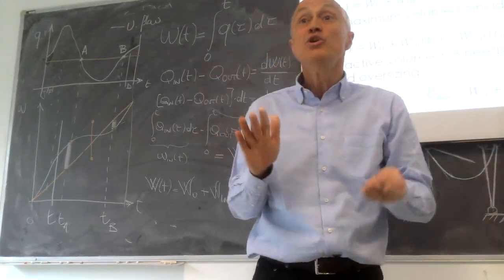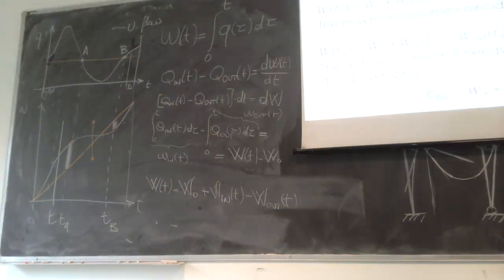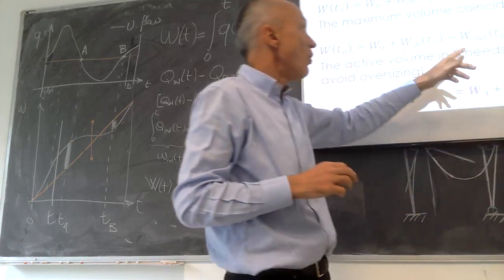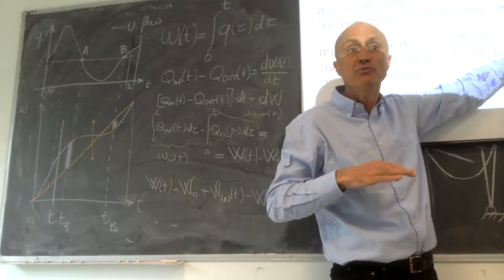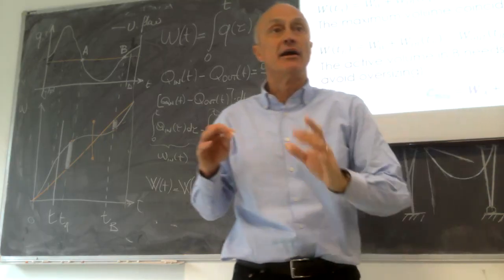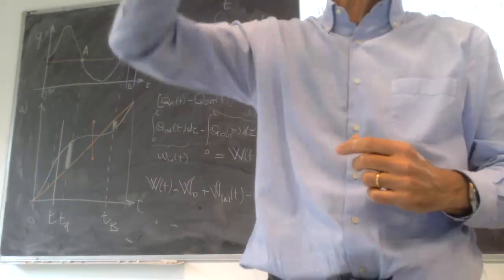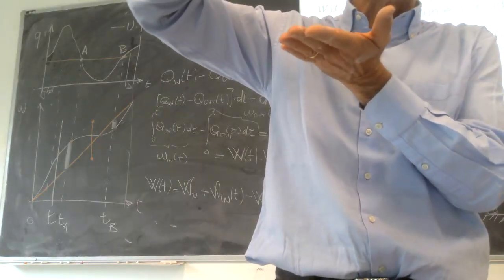Now, again, we do not want to oversize the reservoir, because oversizing the reservoir implies a higher dam, which implies much higher costs, right? We want the dam to be just as tall as we need. So, at the moment TB, with the lowest volume, we want the reservoir volume to be 0 in terms of the active capacity, the volume we use for producing electric energy.